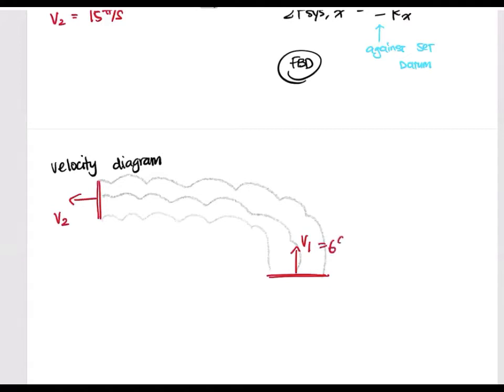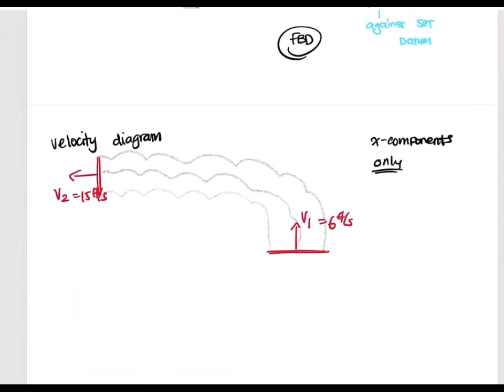This is 6 feet per second, and this is 15 feet per second. Now, we only care about the x direction, only our x components, because we're just solving for that horizontal force.